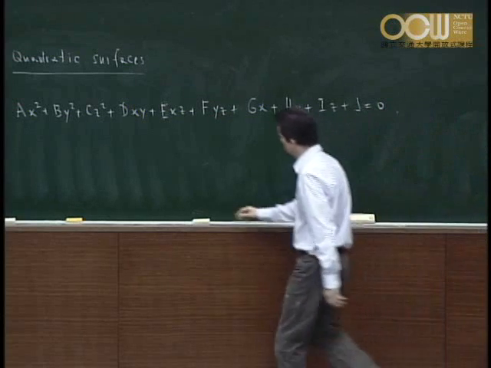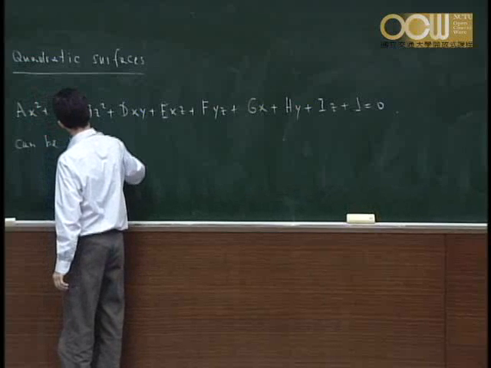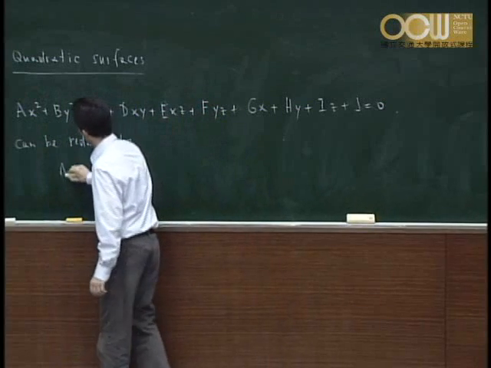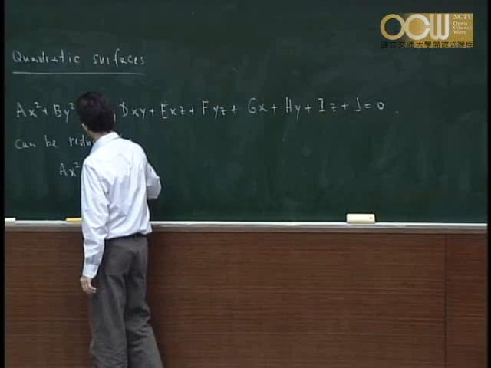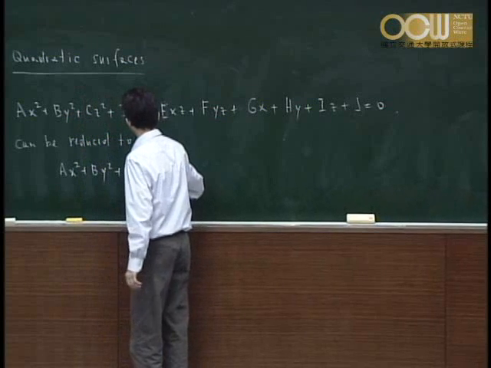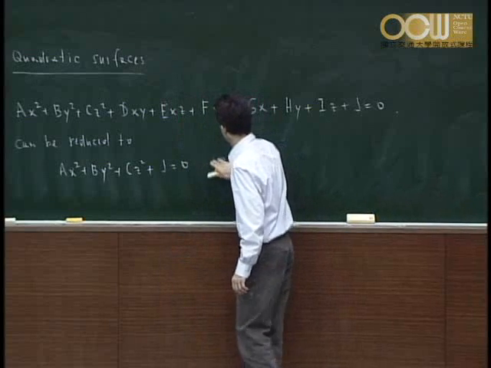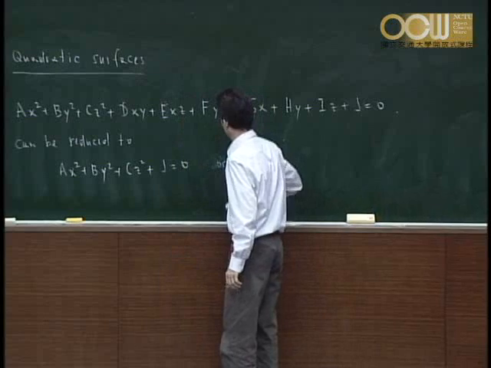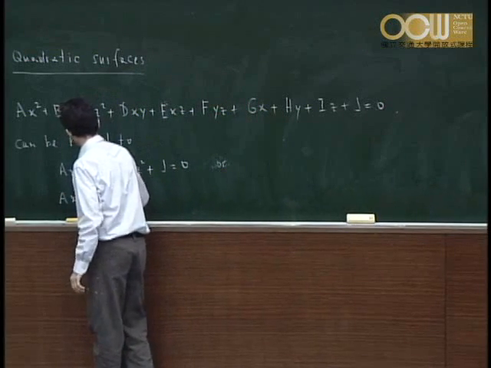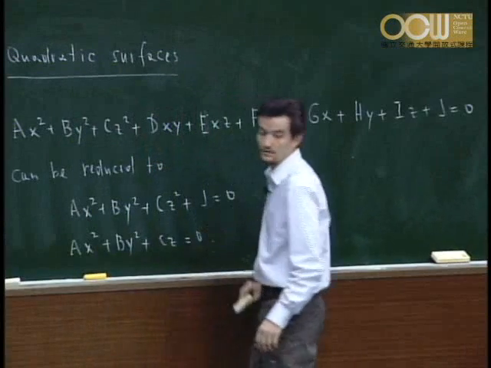So this can be reduced to the following two types: a x squared plus b y squared plus c z squared plus j is equal to 0, or, the second type, a x squared plus b y squared plus c z is equal to 0.